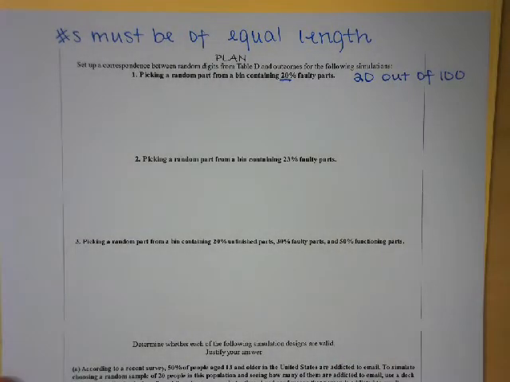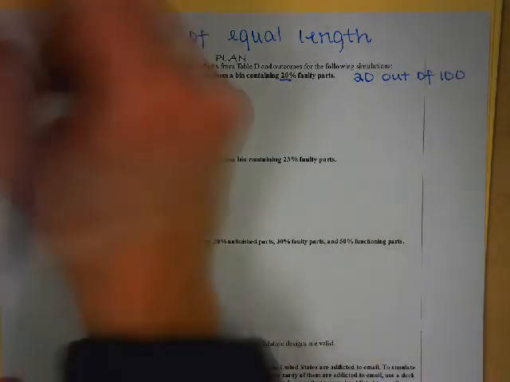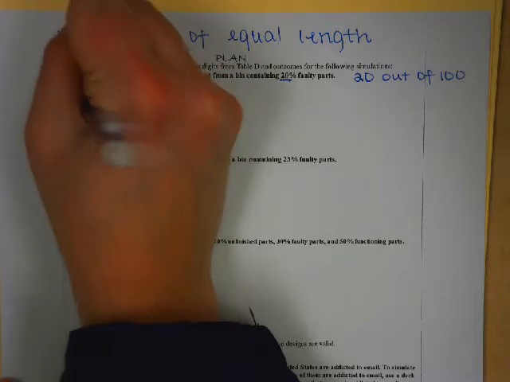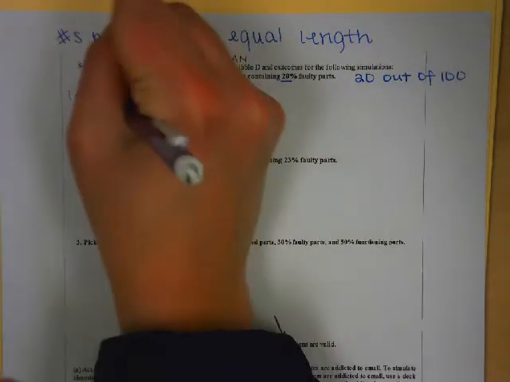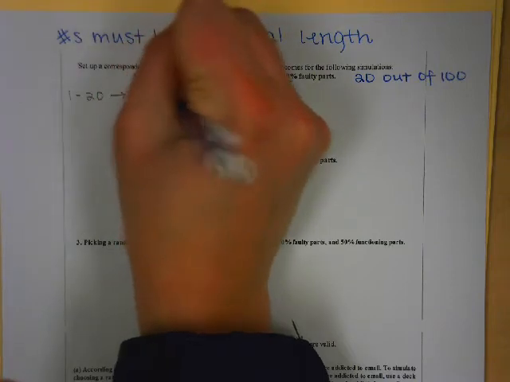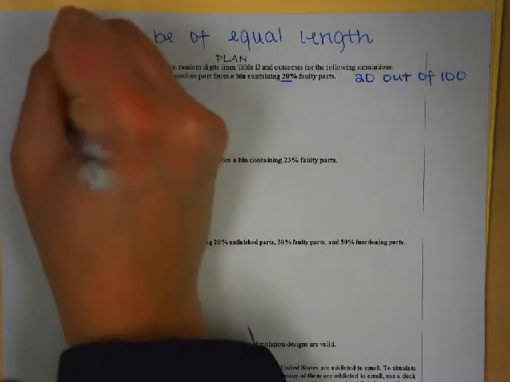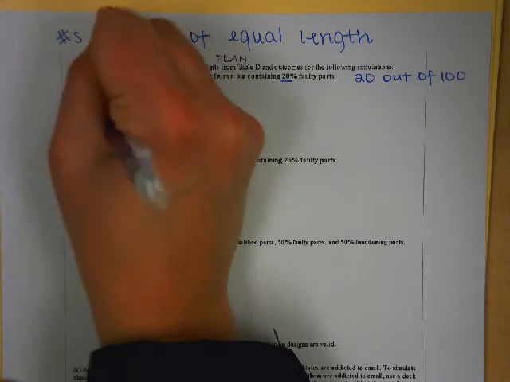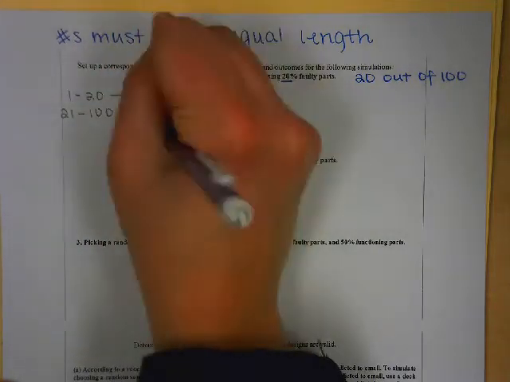So I want to use the numbers 1 through 100 because that is percents. So 1 to 20 are going to mean faulty. And then 21 through 100 are going to mean not faulty, or good.